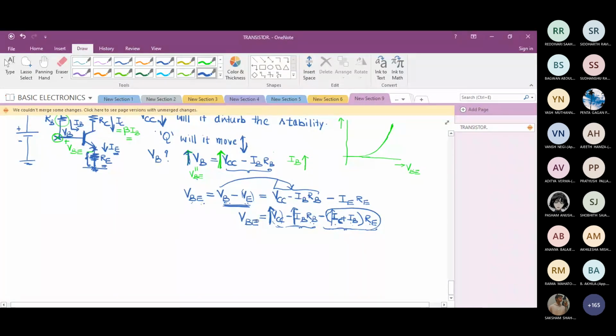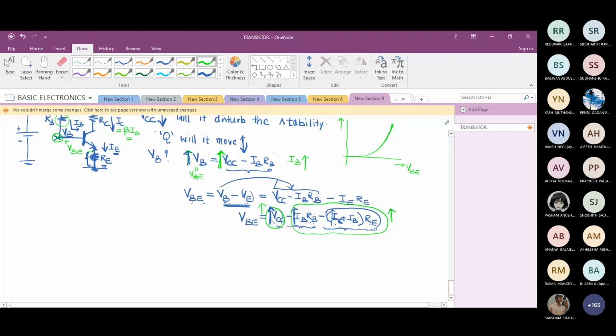Are you getting it? In short, I can say if VCC goes up due to some reason, this extra part will also move up. When this moves up, this component also moves up.